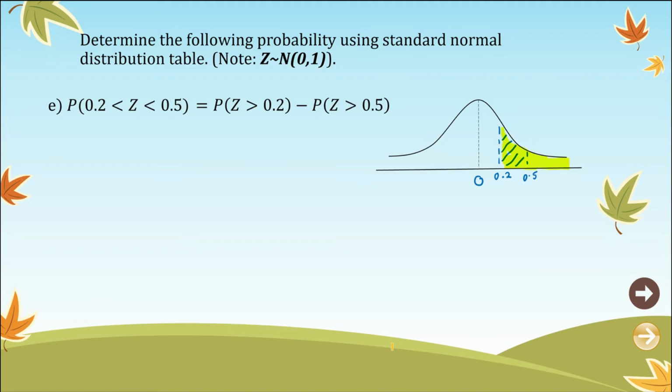To get the area in the middle, we have to subtract this area. So our operation is P(Z greater than 0.2) minus P(Z greater than 0.5).